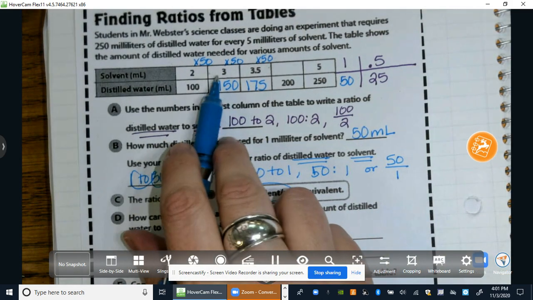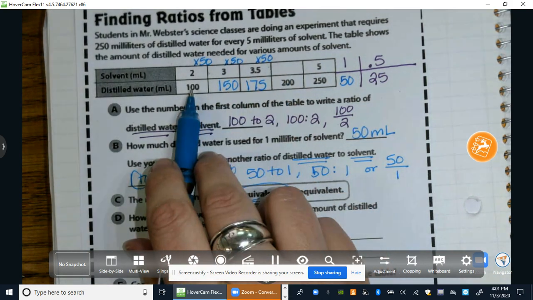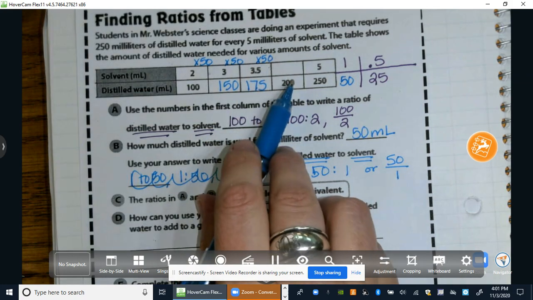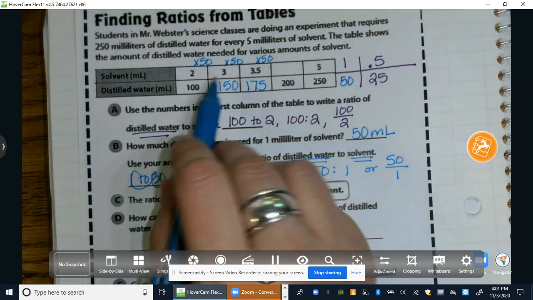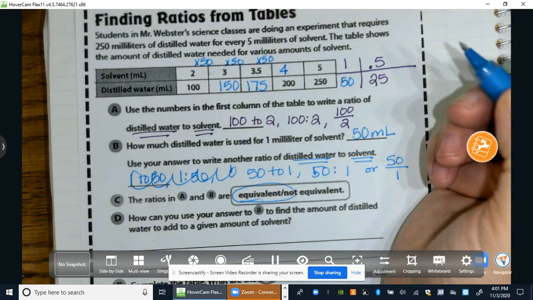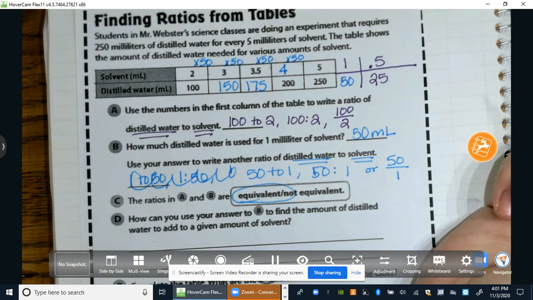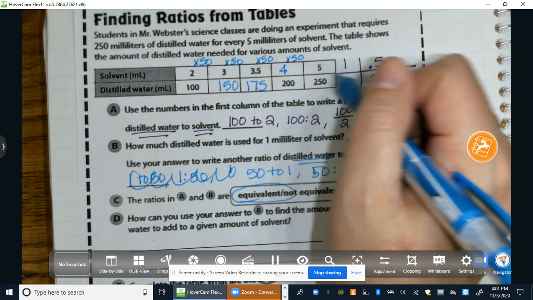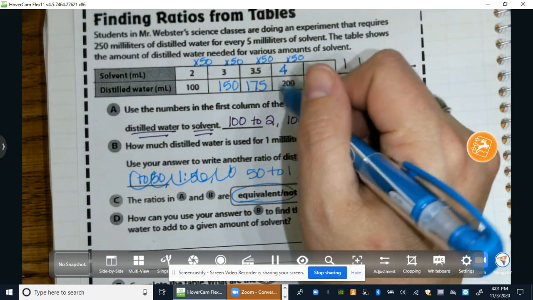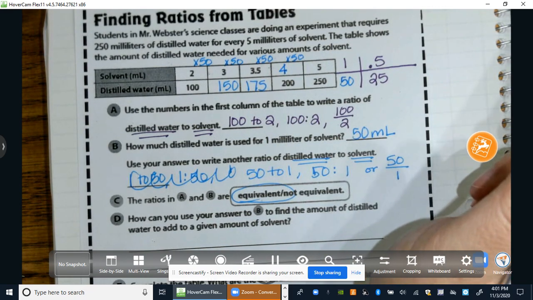If I look at it, I can see a pattern. Okay, so I went from 100 to 150. If I get to 200, I just added 50 to it. So that would be 4, and 4 times 50 gives me 200. Then we would add 50 more to 200 to get 250 and add 1 more to 4 and you would get 5.